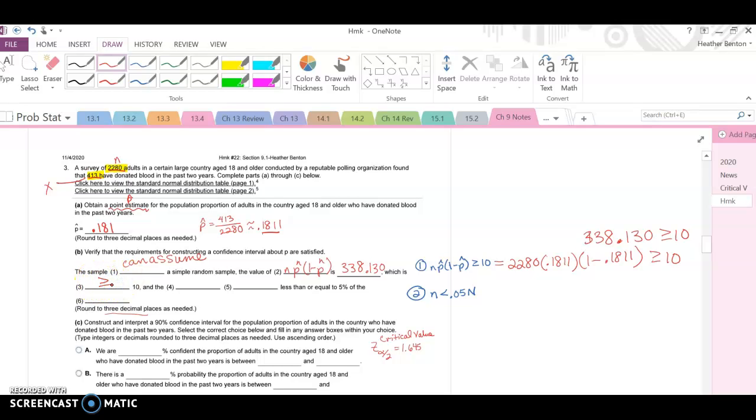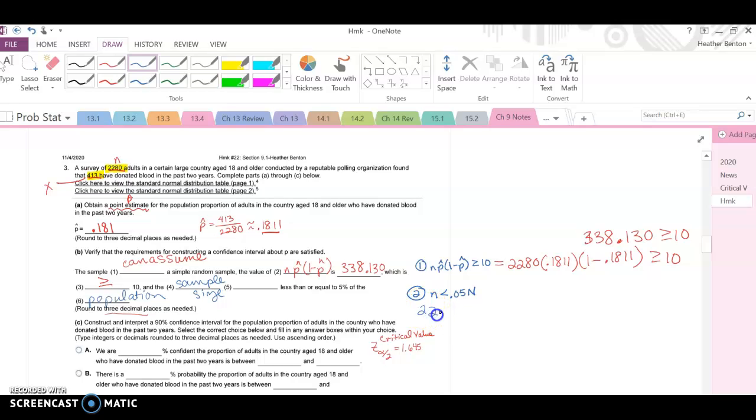And then we're going on to the second rule, and the blank is less than or equal to 5% of the population. So this is population, and the sample size. Okay, so let's look and see how it came out.